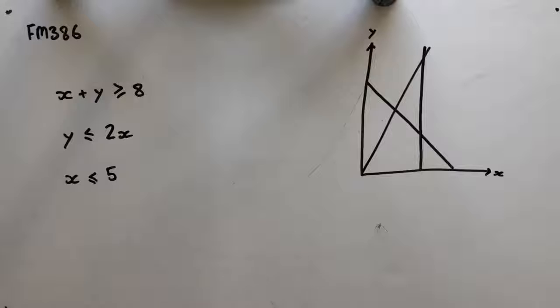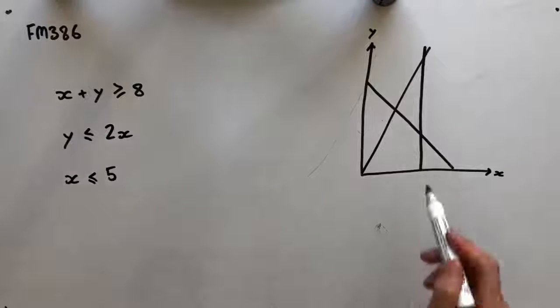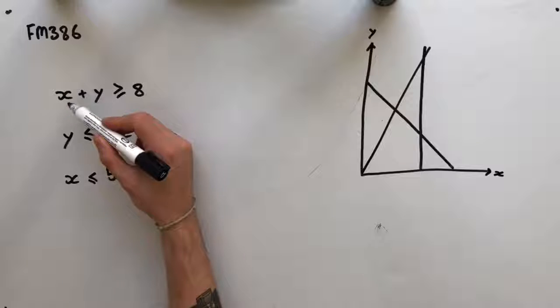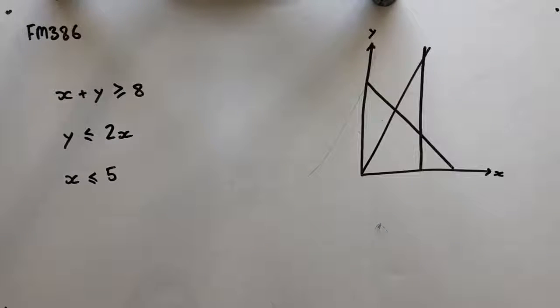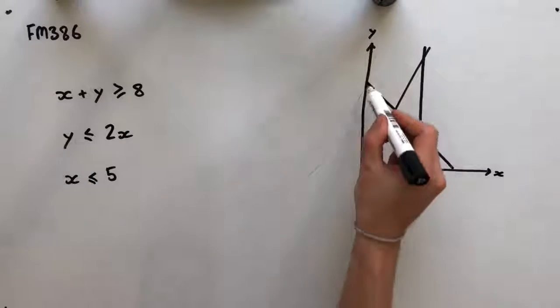Excellent. So what we're going to do now is go through the inequalities and figure out what our feasible region should look like, and use that to help us figure out which one of the choices you've been given is the correct one. Now this first inequality says that x plus y must be greater than or equal to 8. The line defined by x plus y equals 8 would be this one here.